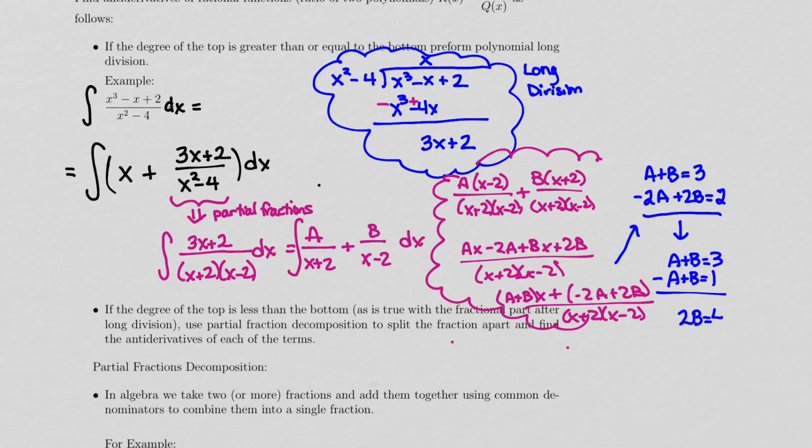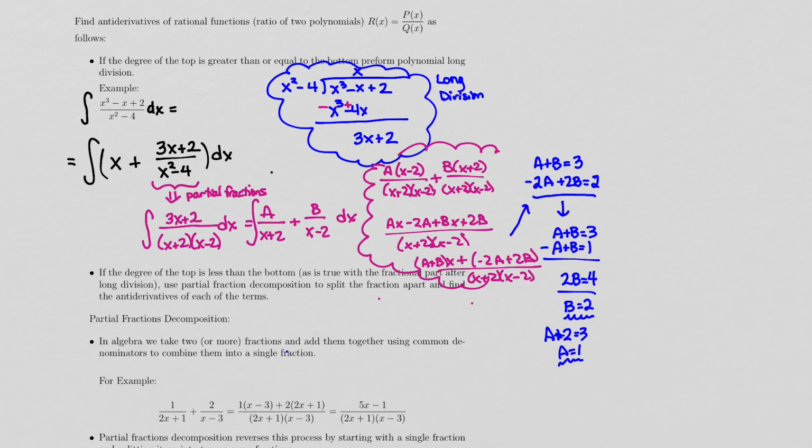I wonder if you guys are getting the same thing I'm getting. I get b is 2 and a is 1. So let me go back. I know I'm doing this so fast right now. I apologize.